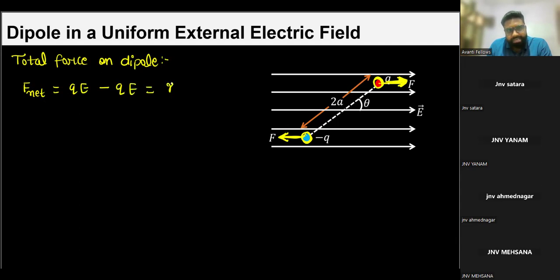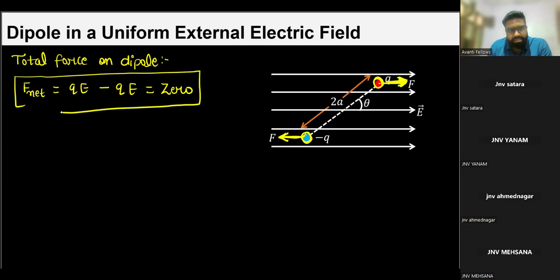So what is the net force that comes to me? Zero. Which means in a uniform electric field, the net force on the dipole will be 0. Got it? But what about the torque?